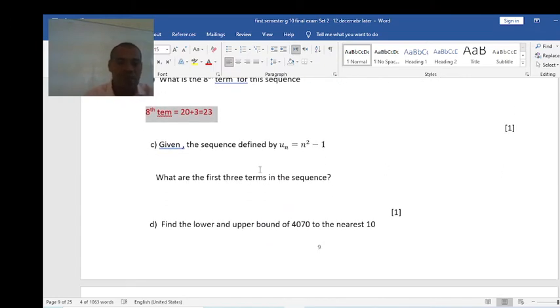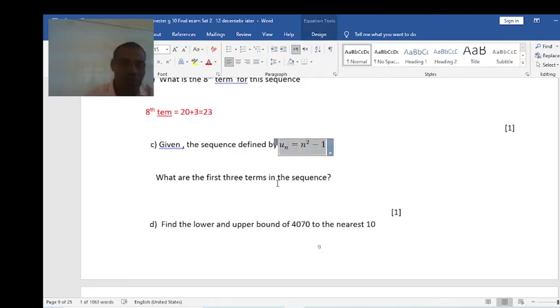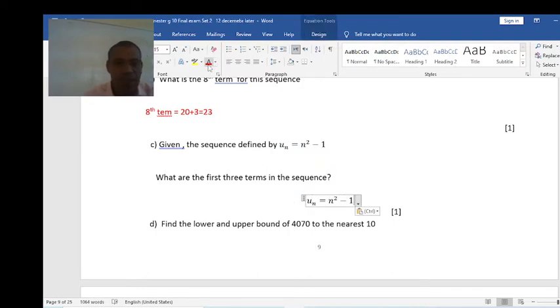Given the sequence defined by U n equals n squared minus 1, what are the first three terms of the sequence? So it's just substitution. This is the nth term. U1, this is the nth term.